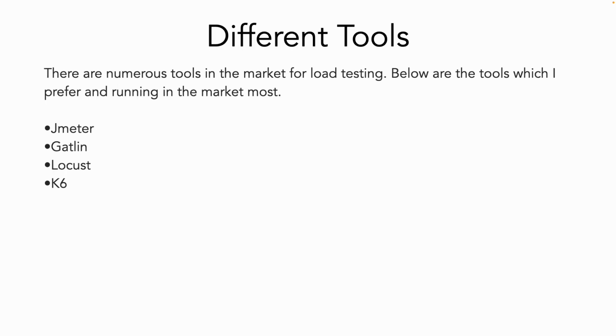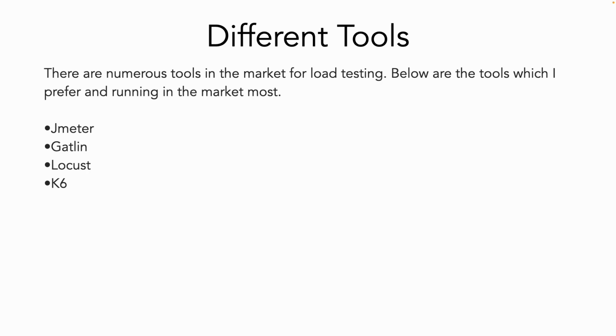Here we have different tools. There are so many tools in the market for performance testing, and these are the tools which I like and prefer most. JMeter, I think, is used by most of our engineers. The second one is Gatling.